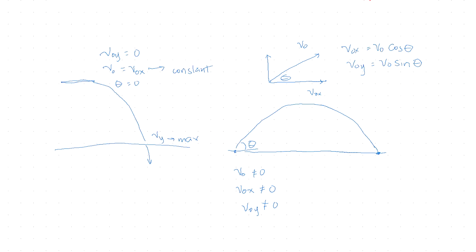So as you hit it, syempre, upwards with a certain velocity, it will reach the highest point. So dun sa highest point, the velocity here is equals to 0.